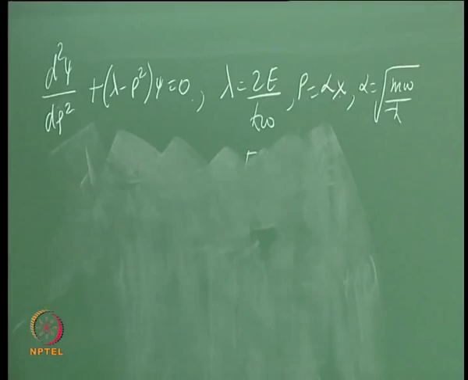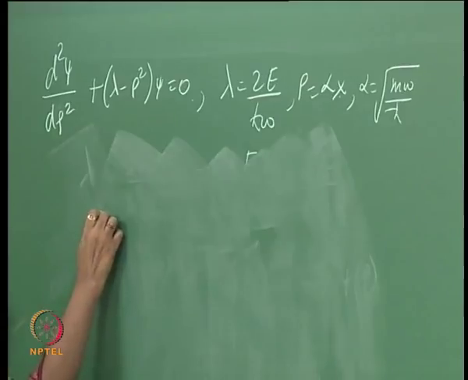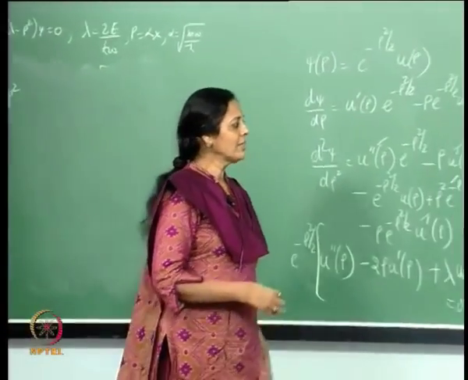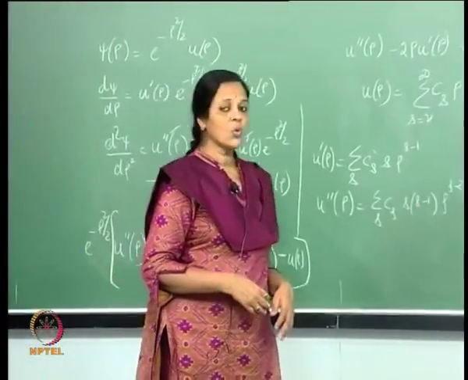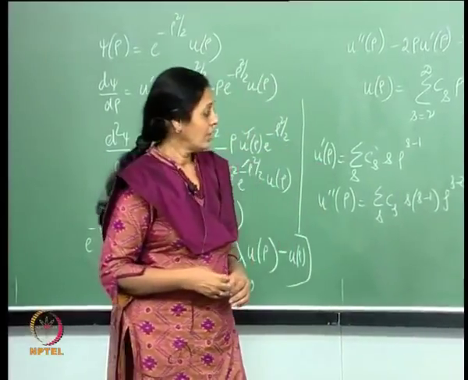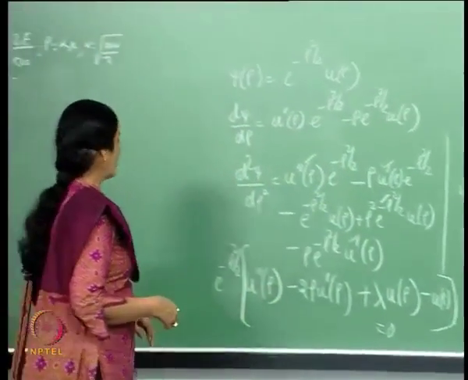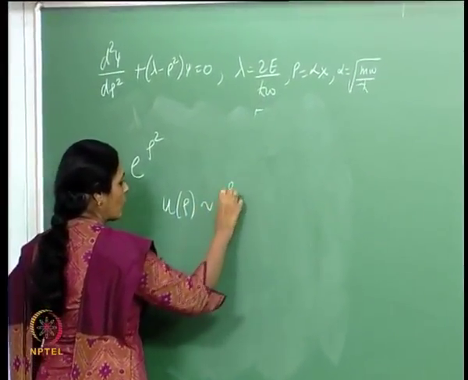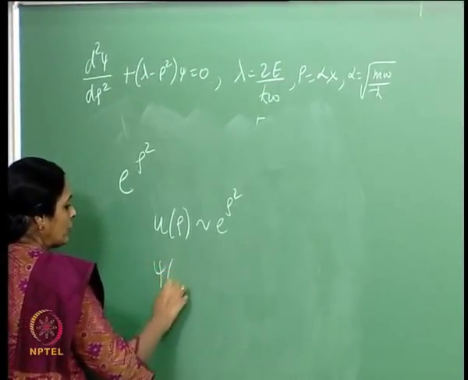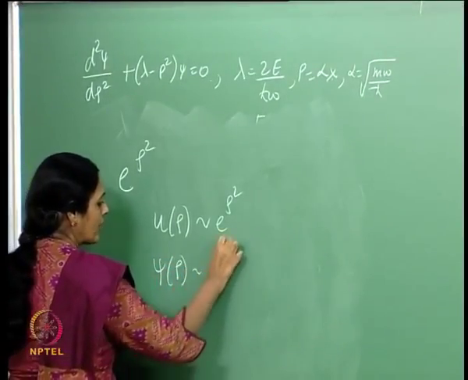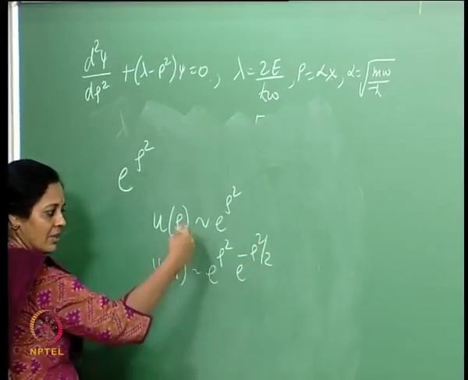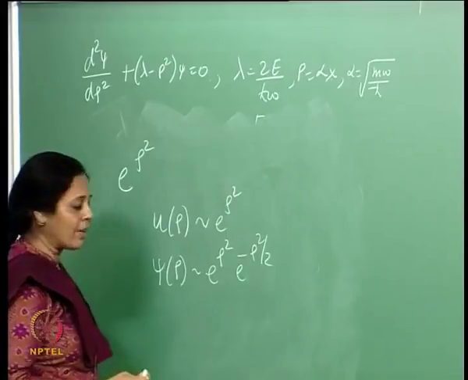So there we are. If you look at the series e to the rho squared, let's write this as summation over s of c_s rho to the power of s, you find that for large s it goes as 1 by s. That is very unfortunate, because it is like telling me that u of rho is essentially e to the rho squared, and therefore psi of rho is e to the rho squared times e to the minus rho squared by 2, which I guessed from the asymptotic form when lambda was 1.